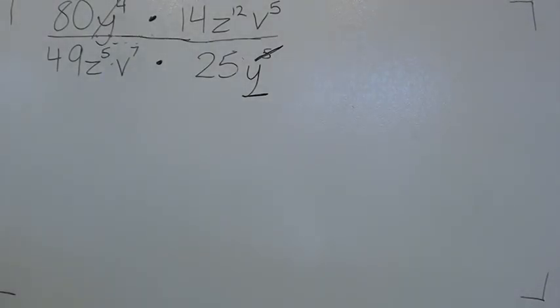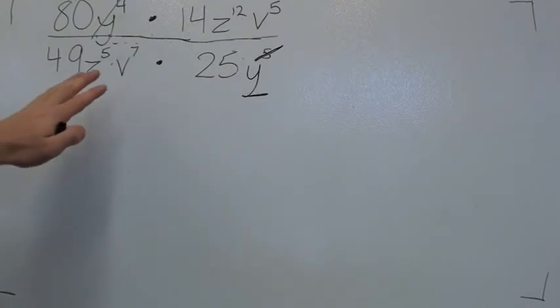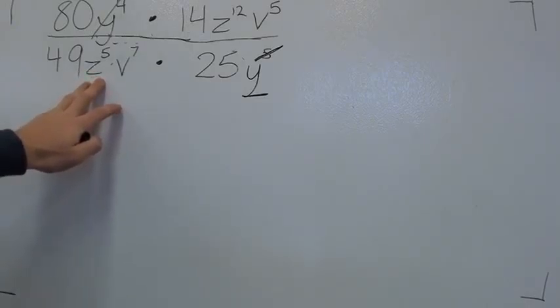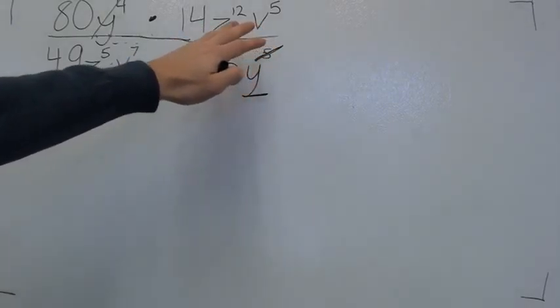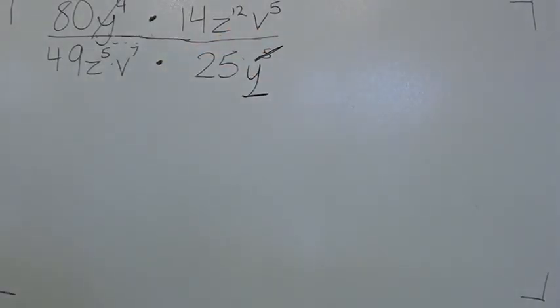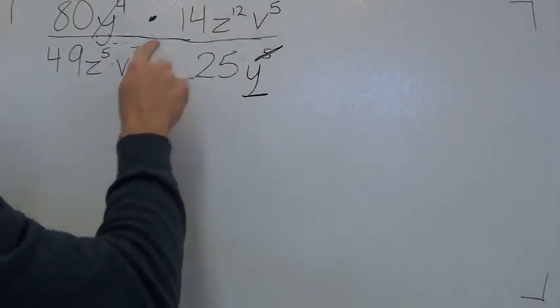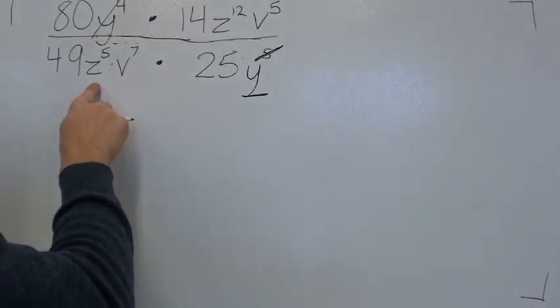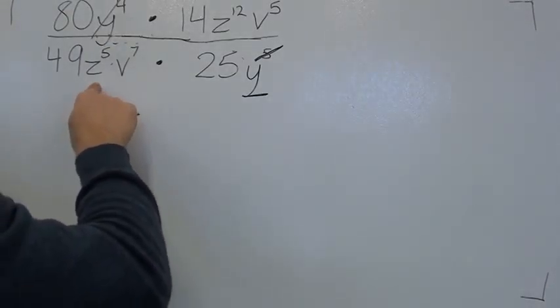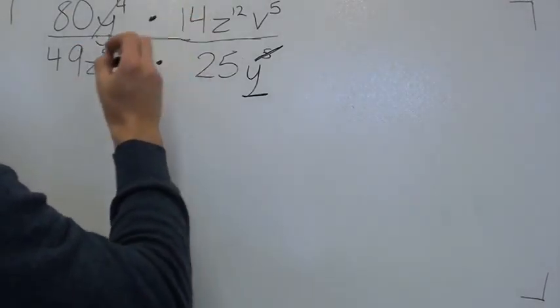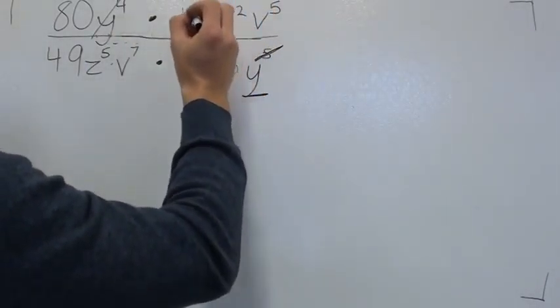All right, we can do the same thing with the z's and the v's. Okay, so more z's up here than down here. But there's still 5 of them here, 12 of them here.